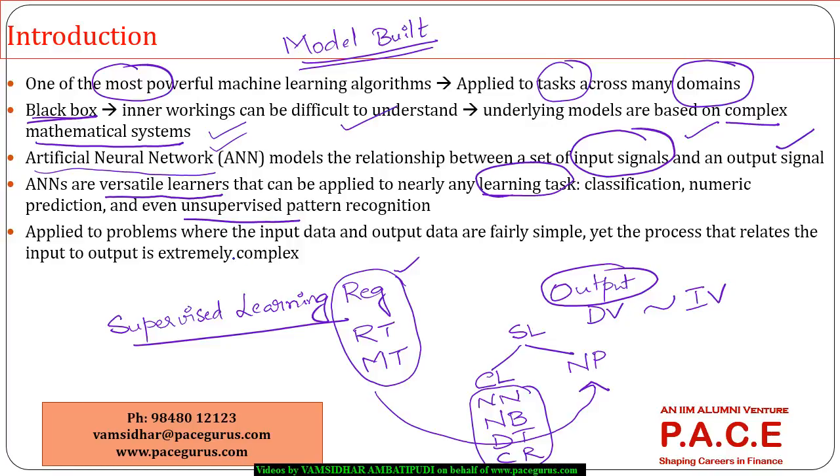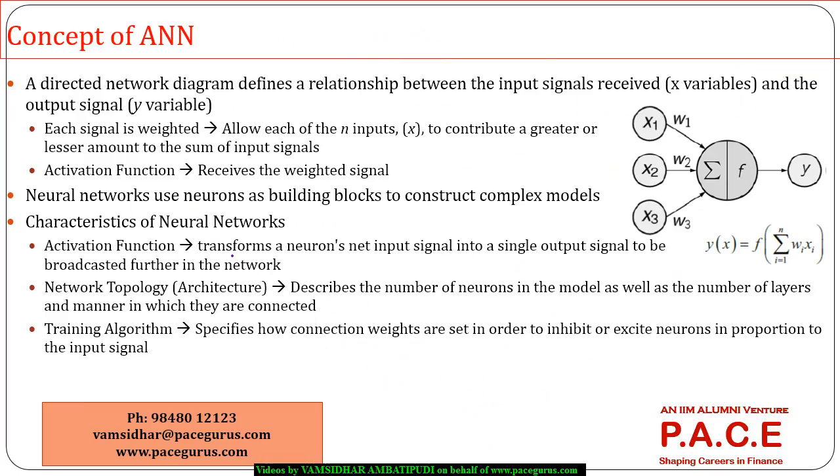When the relationships between the input and the output are very, very complex, I can very well think of using neural networks for modeling the relationships between the inputs and the outputs. So that's the basic background behind neural networks.